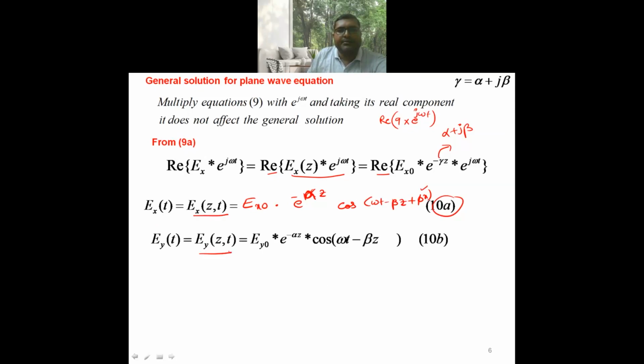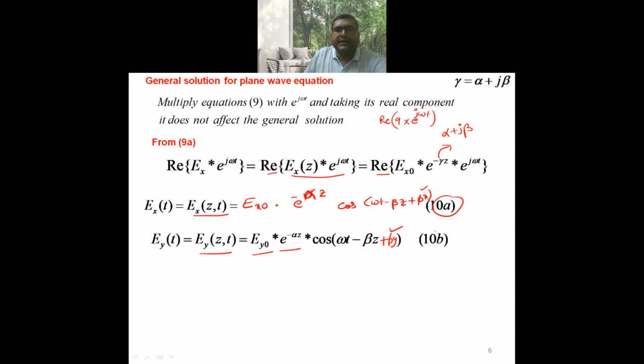Ey of z comma t equals Ey naught e power minus alpha z cos omega t minus beta z plus pi y. The pi x and pi y will provide the information about whether it is linearly polarized or circularly polarized. We are going to discuss the polarization concept in the next class.